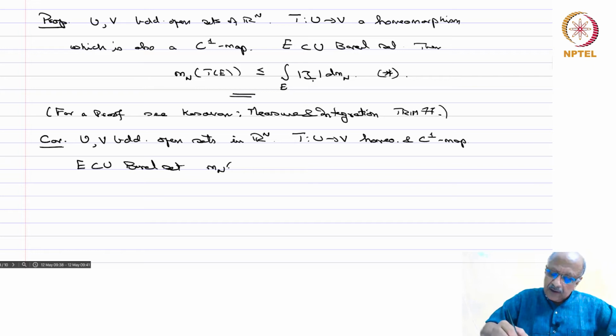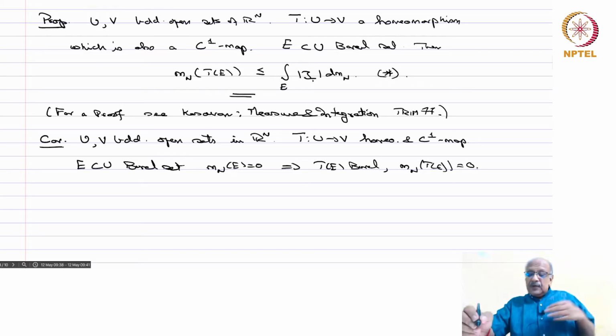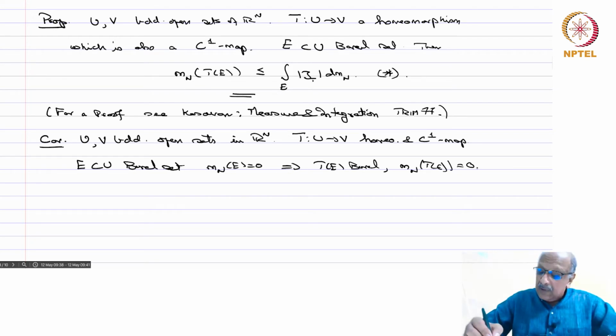Then mn of E equal to 0 implies T(E) is also Borel and mn of T(E) equal to 0. If T is a homeomorphism, we have already seen that T(E) is Borel if and only if E is Borel and so on.